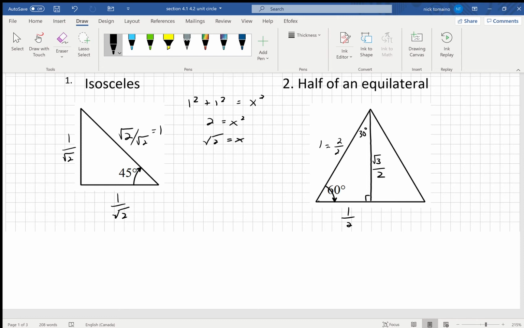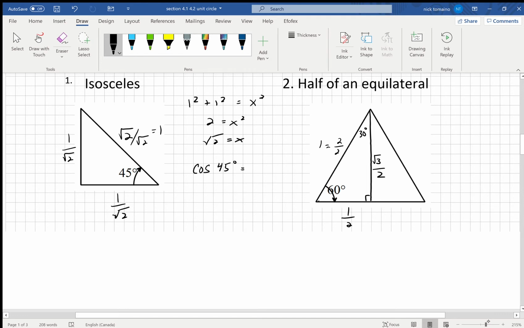Now what we've created is some exact values. So let's look here. We now have that the cosine of 45 degrees is equal to the adjacent, which is this, divided by the hypotenuse, which is this. And when you divide by 1, you don't even have to put it.